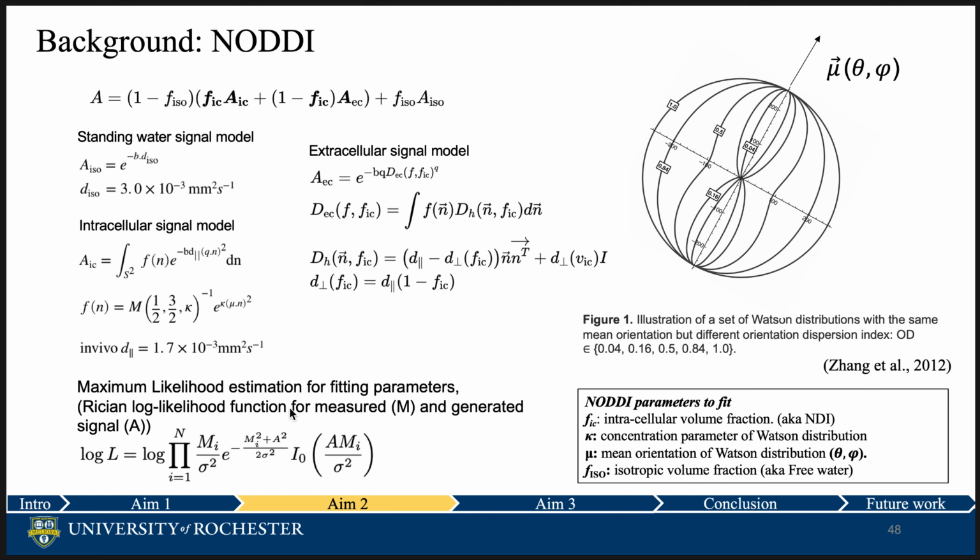One is A, the signal that we just modeled with NODDI, and another is M, which is a machine-derived signal. What this function spits out is a value that tells us how similar these two signals are. So we basically optimize this model based on this particular function, the Rician log likelihood function, defined like this.